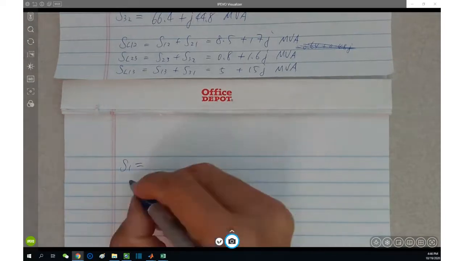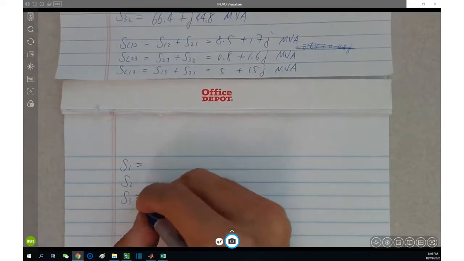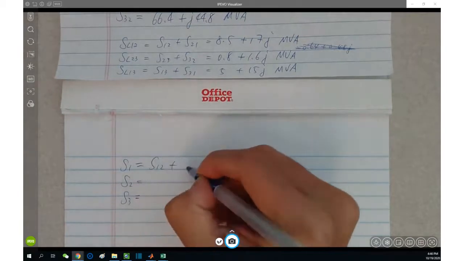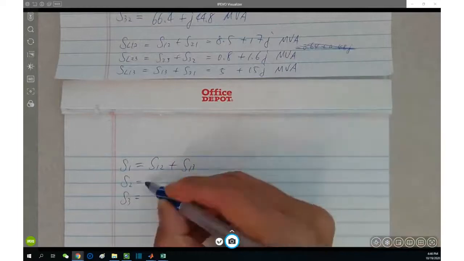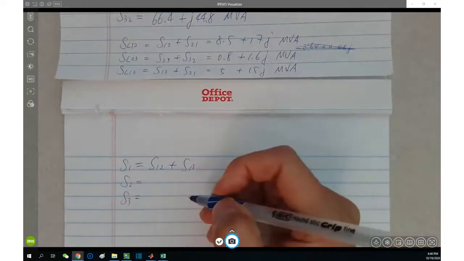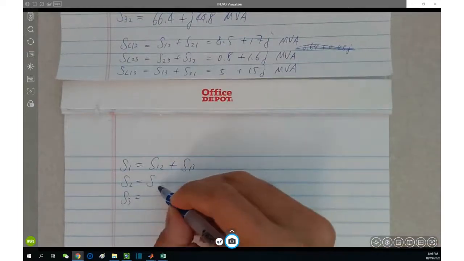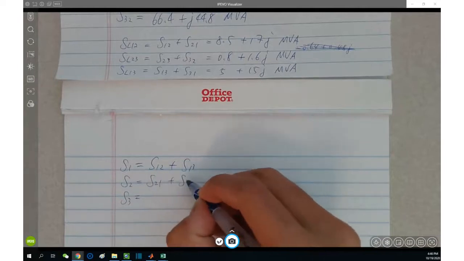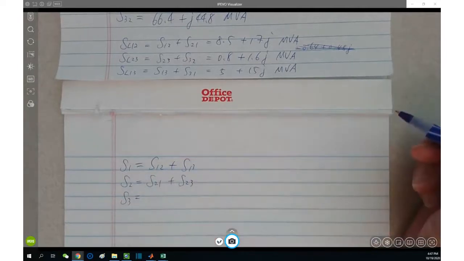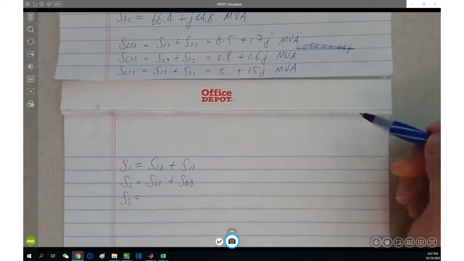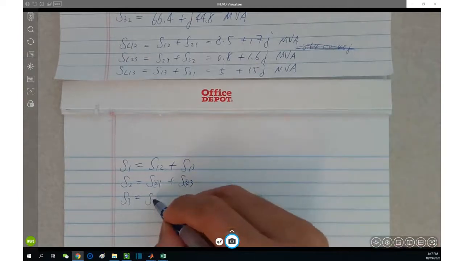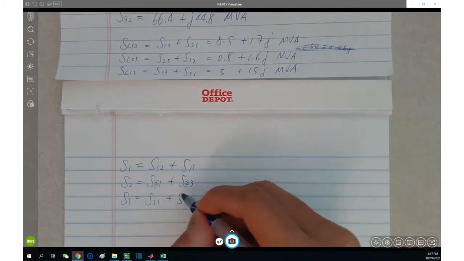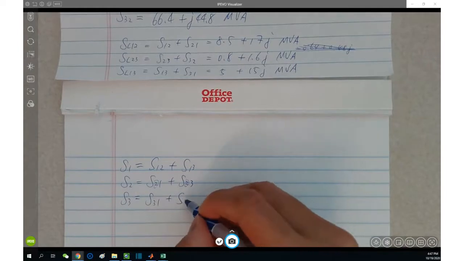It's S12 plus S13. There we go, okay, that's right. S2 equals what? S21 plus S23, right? The first subscript is the bus we are looking at for power, right? Same thing here, S31 and S32, right?